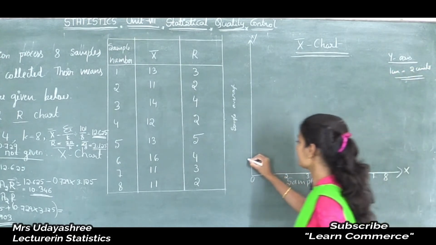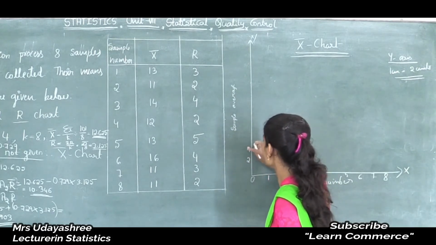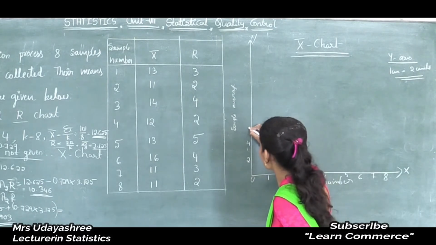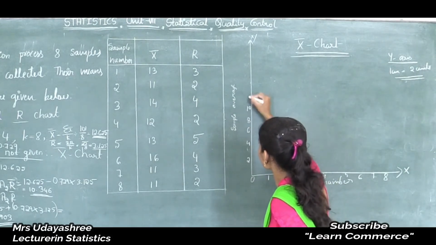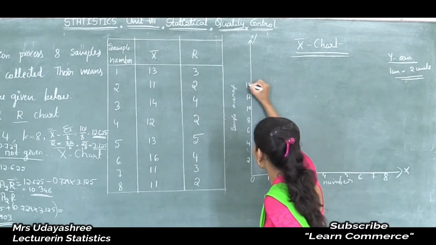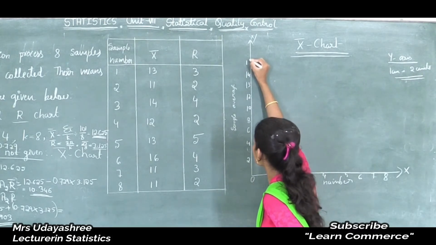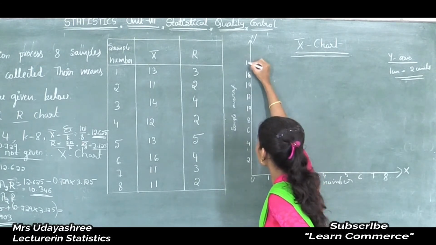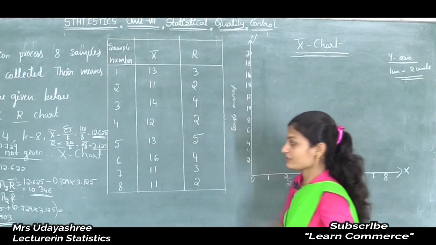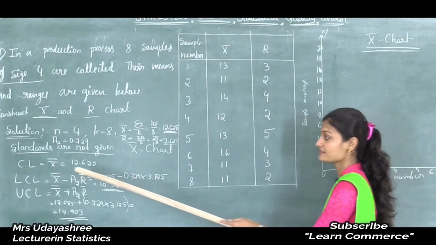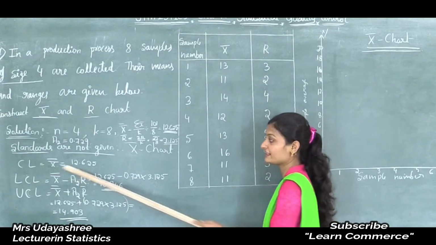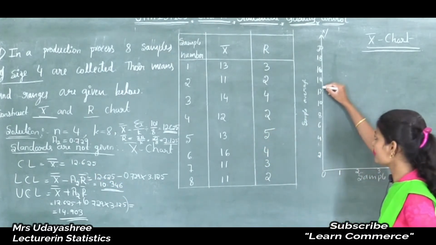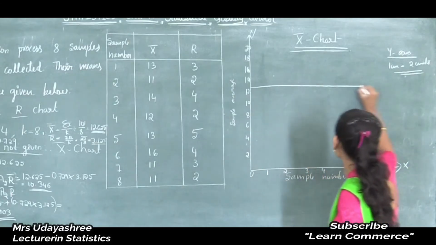So I will take like this: 2, 4, 6, 8, 10, 12, 14, 16, 18, 20. Okay, see the class intervals, class limits. The first central line value is 12.625. That value comes here. So this is the central line.